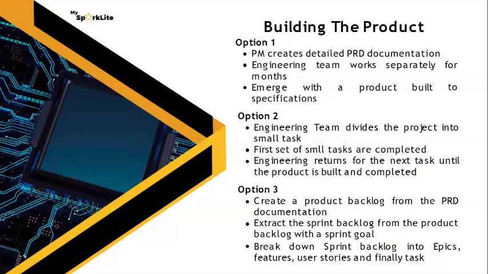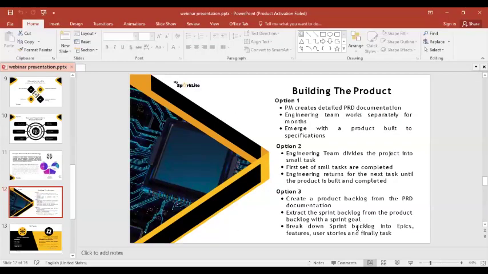Then you break your sprint backlog into epics, those epics into features, those features into user stories, and those user stories into tasks. That is how the agile system works in option three. Most companies and businesses go with the option three approach.